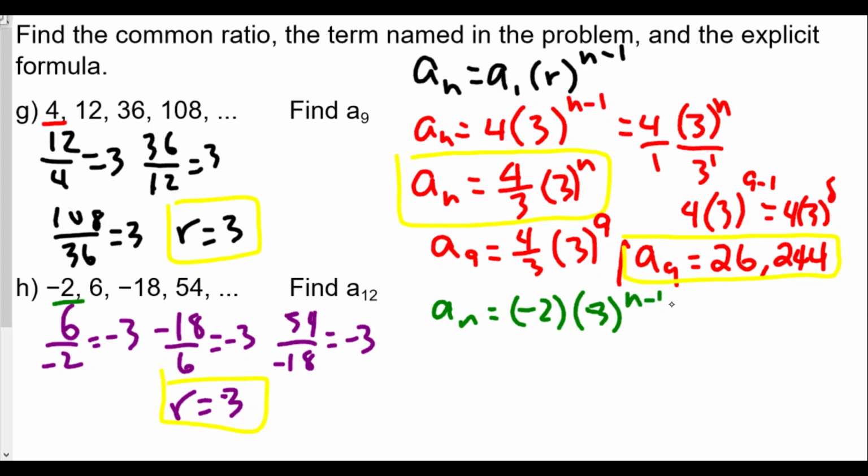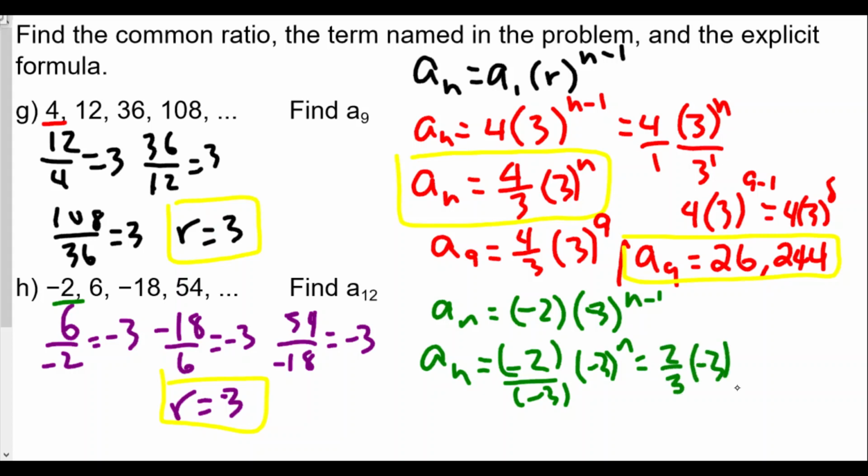And so as our general formula, it would be a sub n is equal to -2 over -3, one of the bases, times -3 to the n, which is going to be 2/3 times -3 to the n power. That's our general formula, that's a sub n.